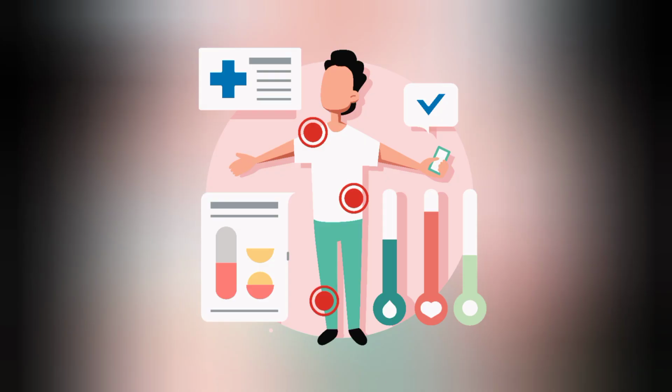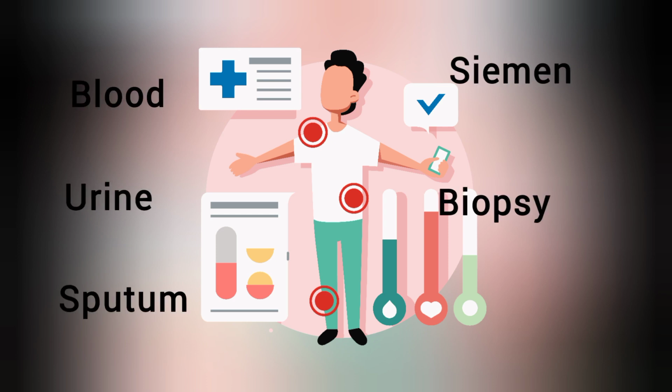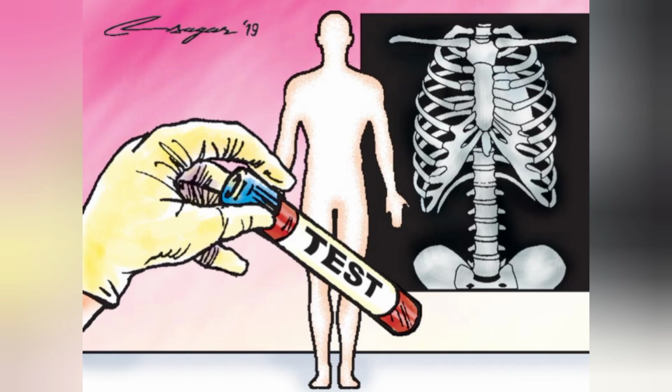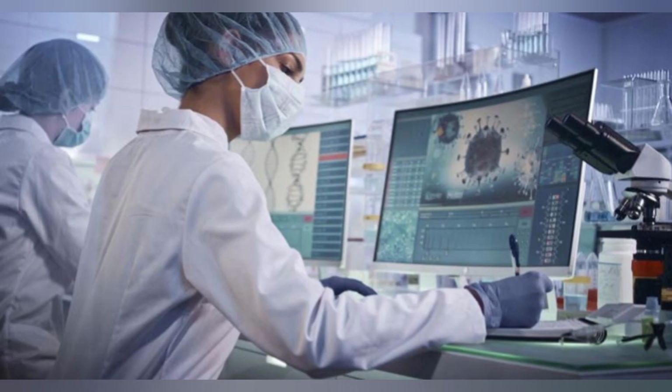So guys, there are many ways to test the health status of the human body. That is, through blood test, urine test, sputum test, semen test, biopsy test or any other samples from body parts. It totally depends on what your medical consultant wants to confirm from the test. So far there have been many innovations in the pathology sector, and a wide range of equipments are available in the market.